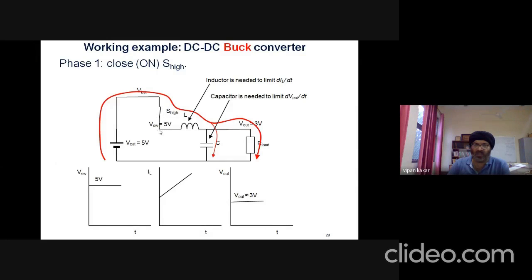So at this node we have 5 volts. And current starts to increase in inductor. We already know that whenever the switch turns on, the inductor starts to conduct the current, and it starts to store the energy slowly. So same nature we saw in AC to DC converters. And then at the output, we have 3 volts.